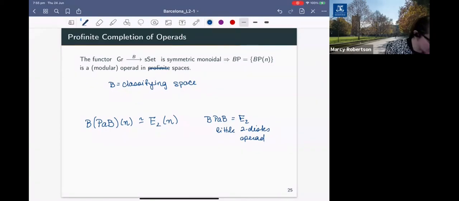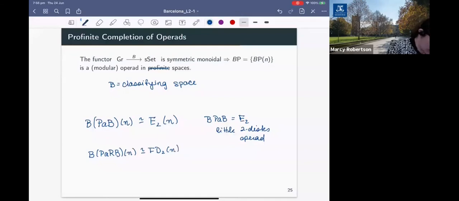And the one that we talked about, the parenthesized ribbon braids at n, this is homotopic to the framed little 2 discs on n.